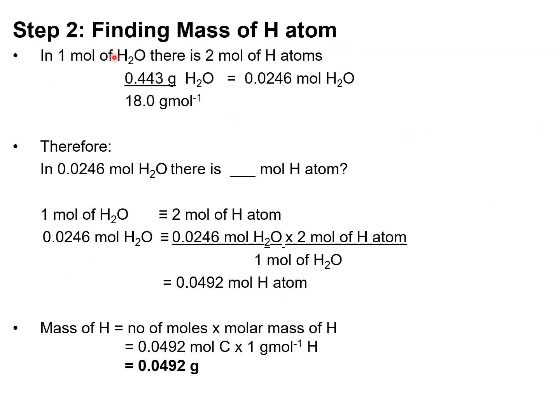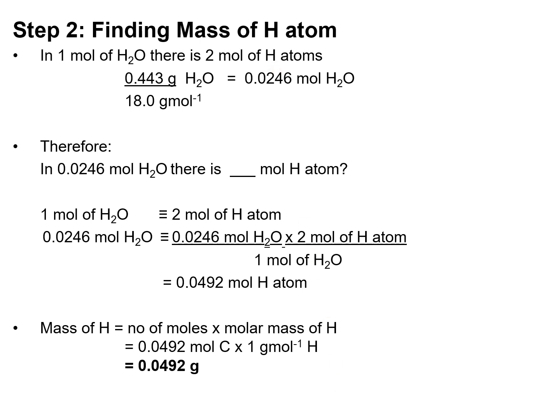Okay, step kedua, find the mass of hydrogen atom. Macam mana nak cari mass of hydrogen atom? Tadi dekat mole concept on question punya slide, kita dah cakap di dalam 1 mole of H2O, there are 2 mole of hydrogen atoms. Okay, there are 2 mole of hydrogen atoms.